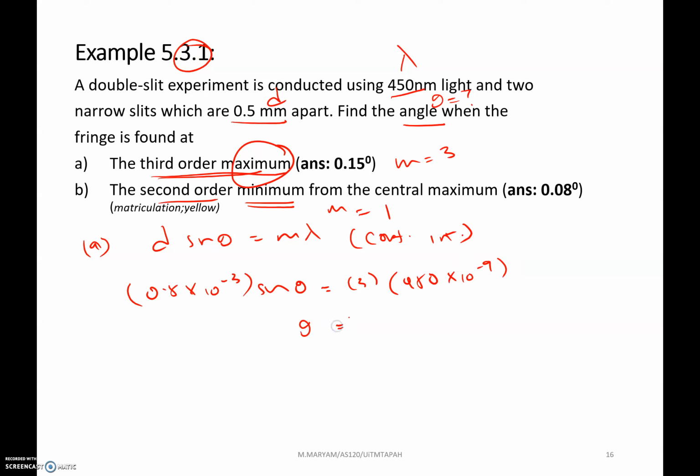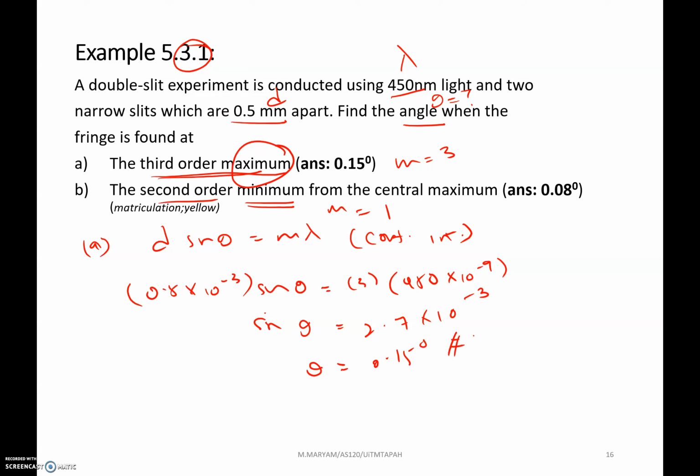So you will get here 2.7 times 10 to the power negative 3. Do not forget to take the inverse sine. So shift sin here, and your answer will be 0.15 degree.